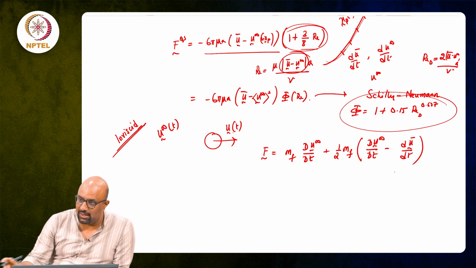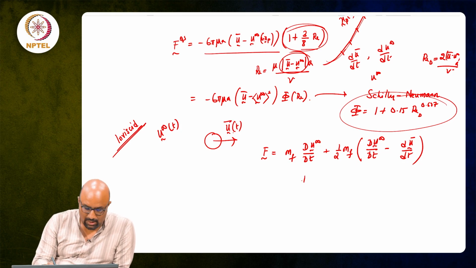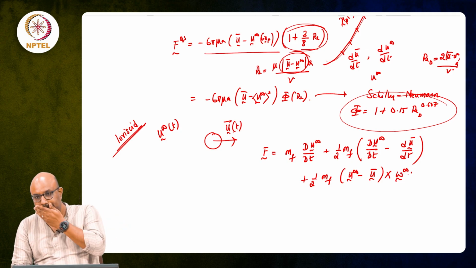U bar is the velocity of the sphere and u infinity is the imposed flow, and then you are going to have half mf (u infinity minus u bar) into the background vorticity.